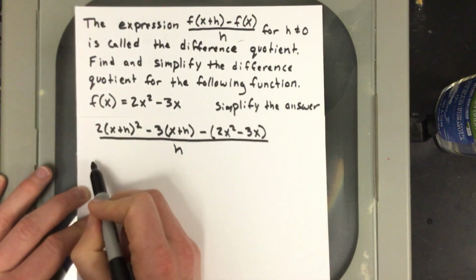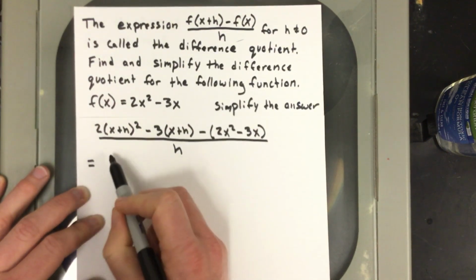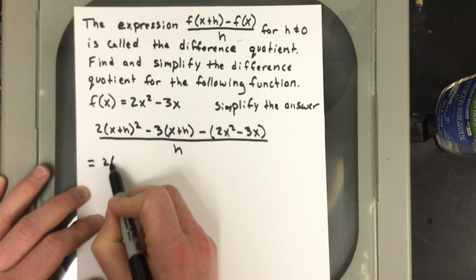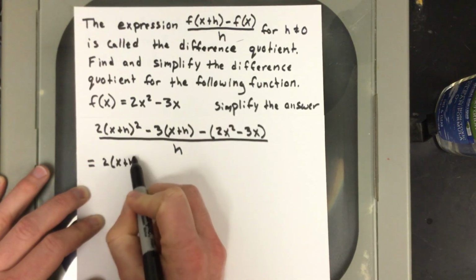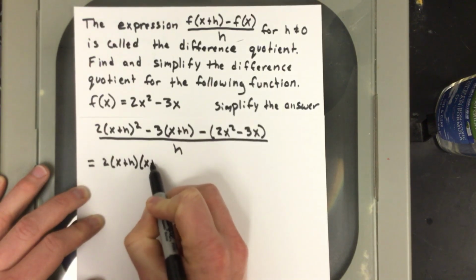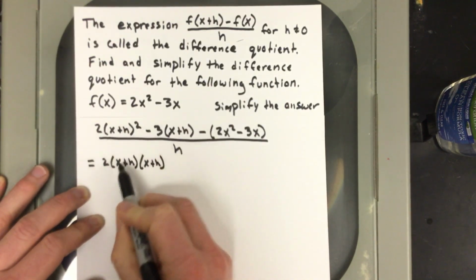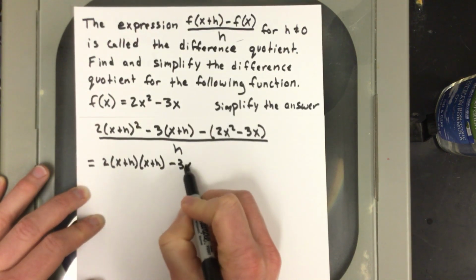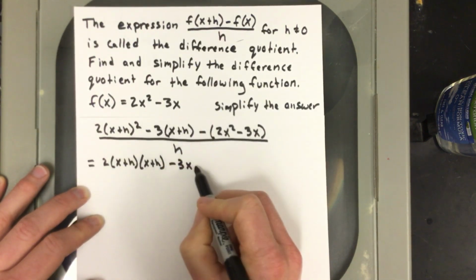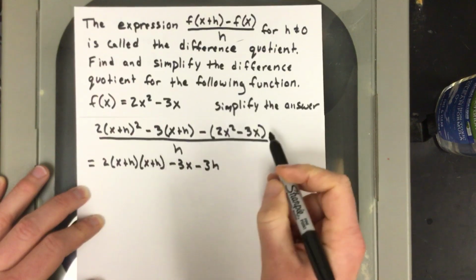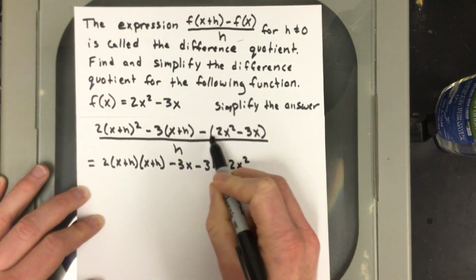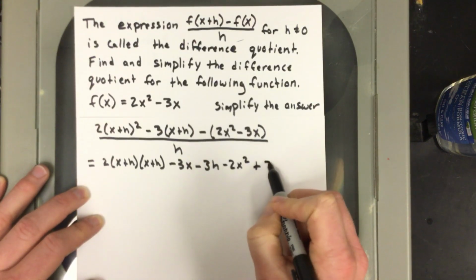And now I'm going to say that this equals, and I'm going to start splitting this out and distributing. So I'm going to say 2 times x plus h, and all I'm doing, if it's x plus h squared, that means x plus h times x plus h, minus 3x, distribute, minus 3h, minus 2x squared, and then plus 3x.